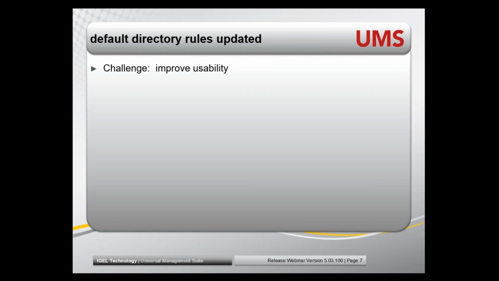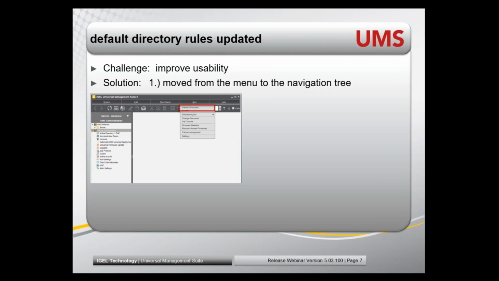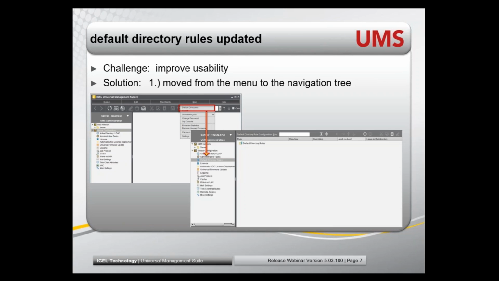And there are some new functionalities. To improve the usability of our default directories, solution number one: it is moved from the menu, like before, MISC default directories, to the navigation tree. You see here the UMS server, 172.30.67.8, and under it the UMS administration.